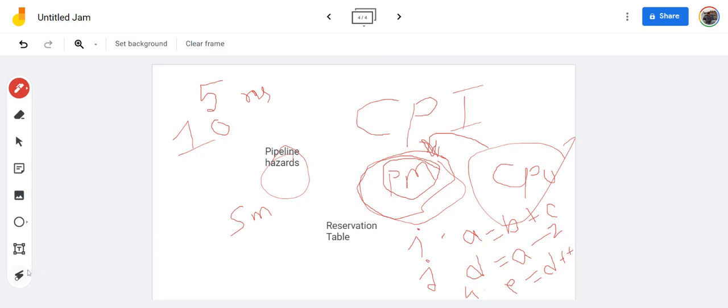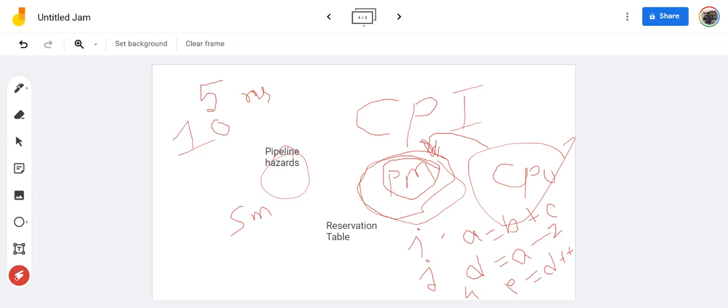So you can say that instruction K is data dependent on instruction I. So if these two kinds of situations occur, then you can say that true data dependency is there in my instruction set, right?